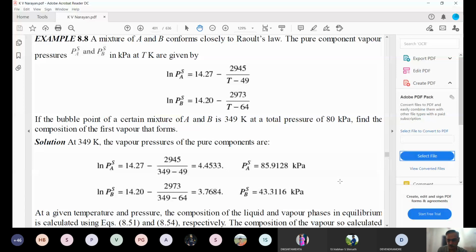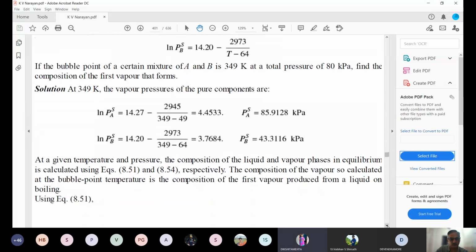So y is always going to be more than x. The composition of the first vapor is 92. How much is the liquid composition at the bubble point?